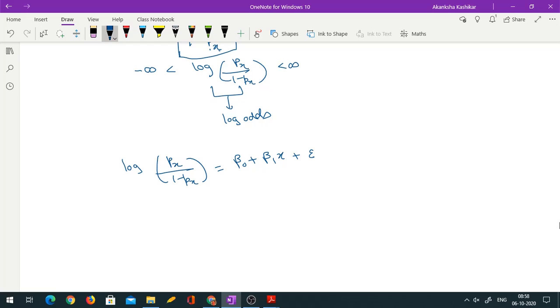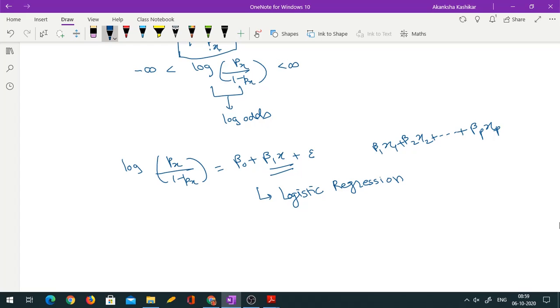So this is your logistic regression model, simple logistic. For multiple, we will have small modifications, just like simple regression to multiple regression: instead of this single term, I would end up having beta 1 x1 plus beta 2 x2 plus up to beta p xp. That's all.